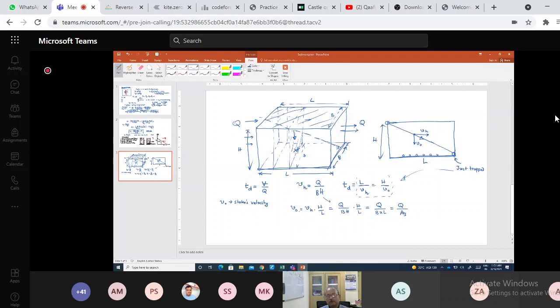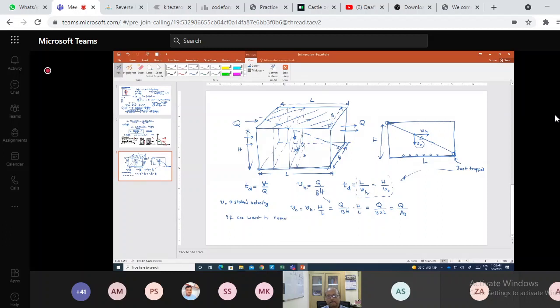So the particles with Stokes law terminal velocity of v0 will be just trapped in this settling basin, and this is actually Q by As. So if we want to remove a particle with settling velocity v0 and with a flow rate of Q, then provide As amount of surface area.